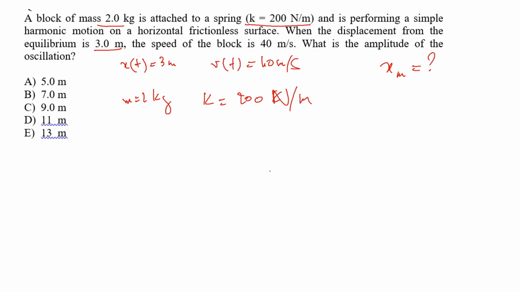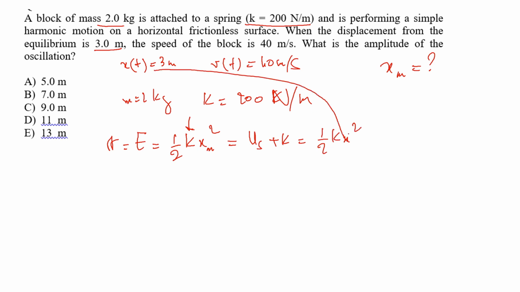So what should I use here? Mechanical energy. Exactly. Mechanical energy is constant. It is half k x max square. I know k, but I don't know x max square. Let me get it. It will be US, spring potential energy, plus kinetic energy. Basically half k x square, by the way, I know x is equal to 3, plus half m v square.